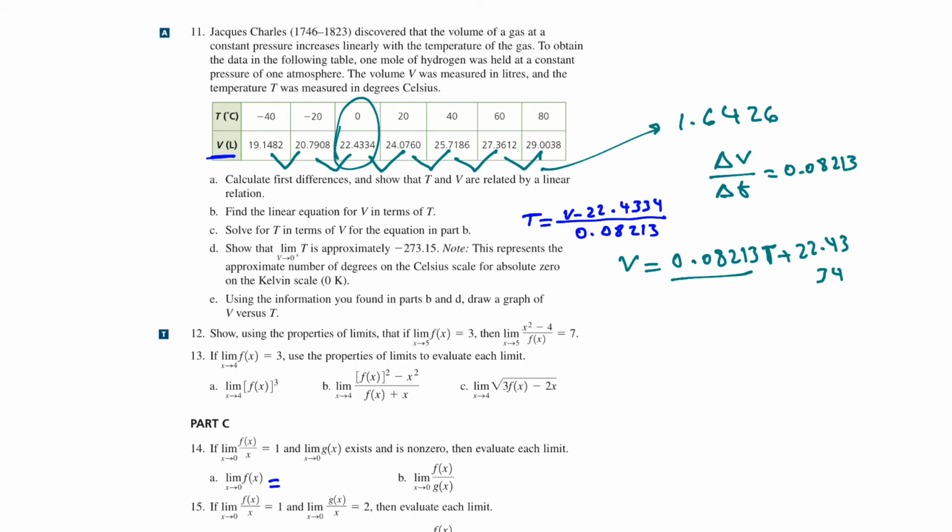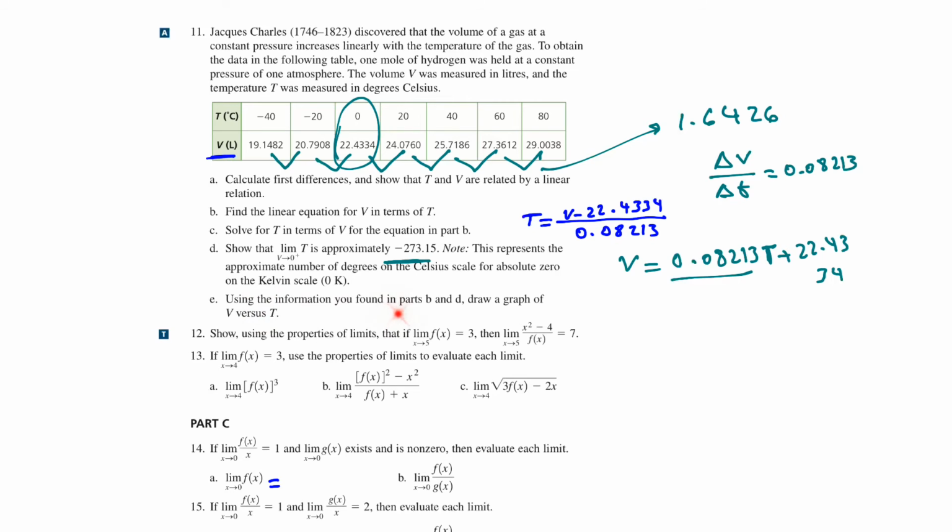As V approaches 0, this limit is negative 22.43 divided by 0.082, which is negative 273.15. There is a note here saying this represents the approximate number of degrees on the Celsius scale for absolute 0 of the Kelvin scale.